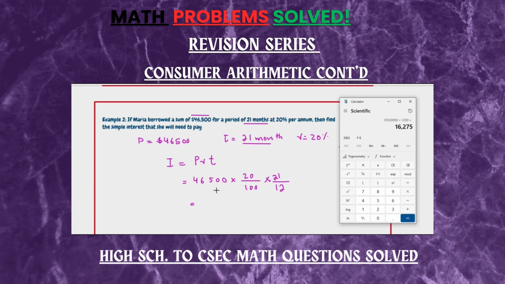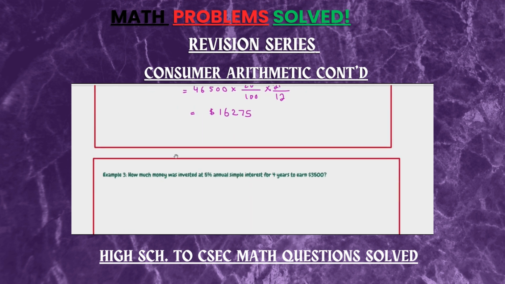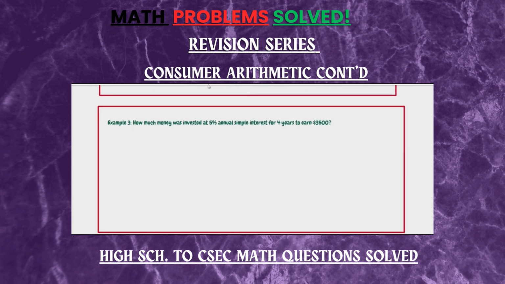So it will be $16,275. So this is the simple interest she needs to pay after 21 months if the principal amount is 46,500, right? Then we will see the next one.